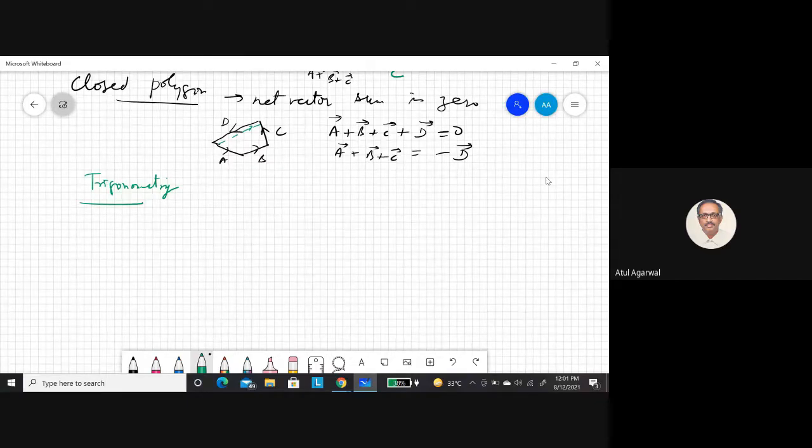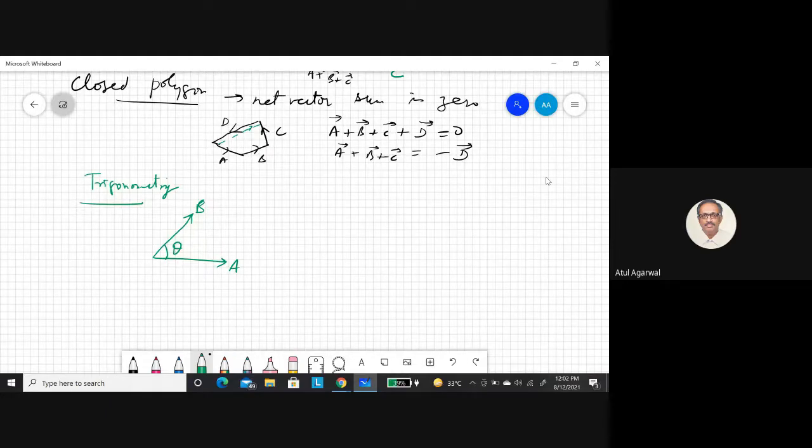Suppose you take two vectors A and B. So you have vectors A and B. There is an angle theta between them.